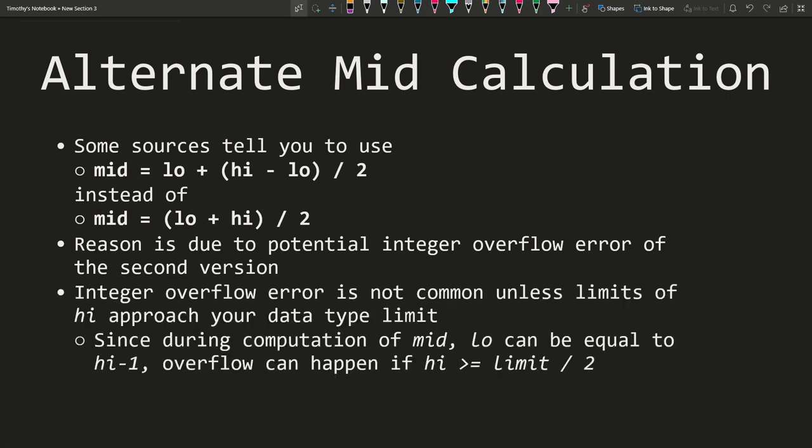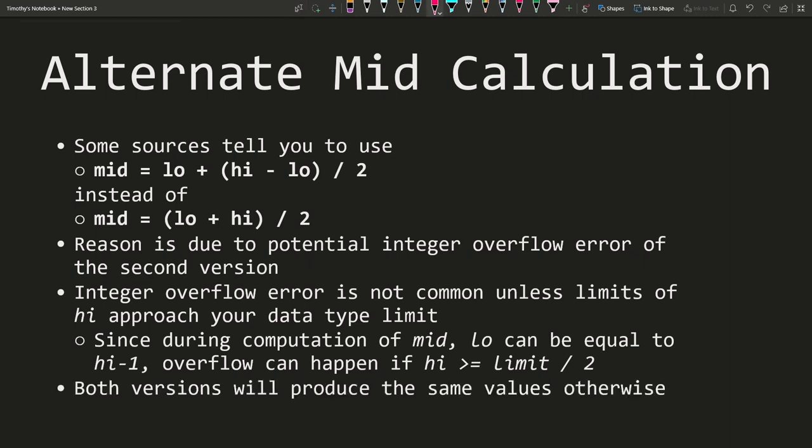Usually integer overflow error is not common unless the limits of high approach your data type limit, like an integer, which is 2 to the 32 minus 1. The reason for that is since during computation of mid, low can be equal to high minus 1. Overflow can happen if high is greater than or equal to the limit divided by 2. And so if you do high plus high minus 1, then it will overflow your limit, right? But both versions will produce the same values otherwise.